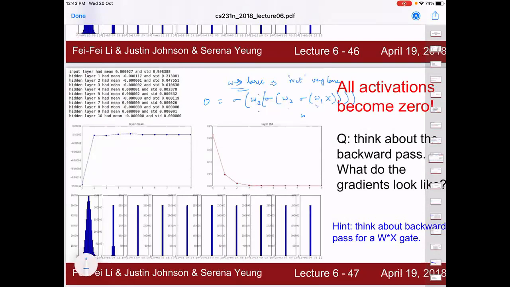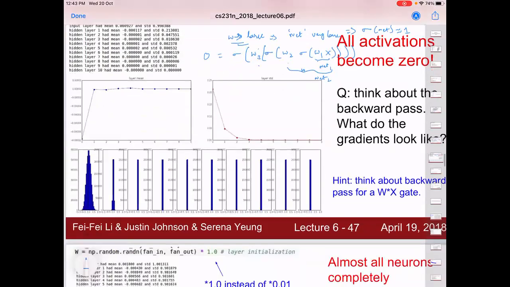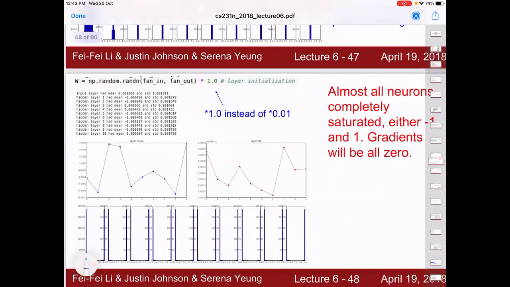What is the net value here? This is the net value. This is net 1, and essentially this becomes net 2, and so on. So net values are large, which means that the sigmoid of the net value will be close to what? Close to 1. That's what is being shown in the next slide. Whenever the weights are initialized with large values, 1 itself is a large value.